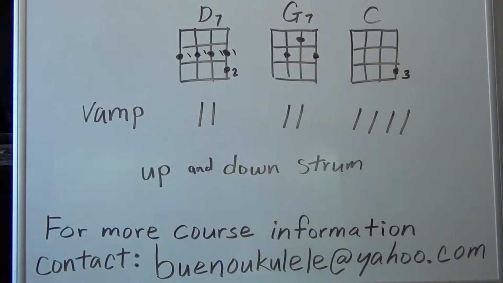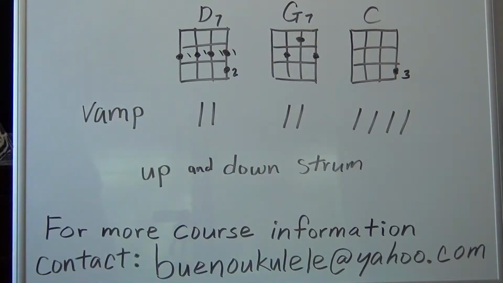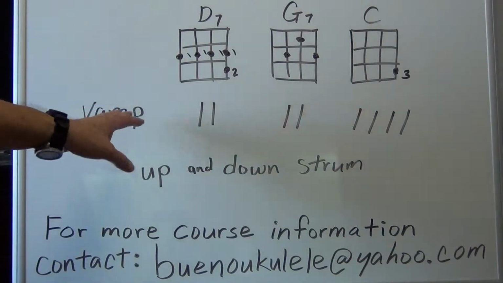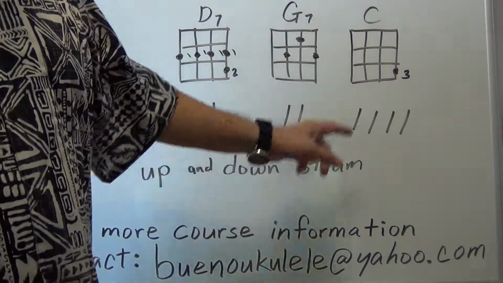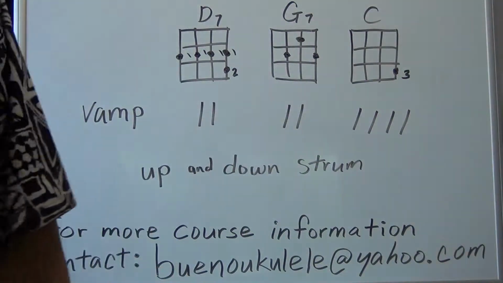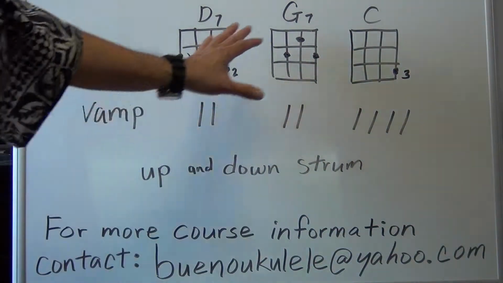Also keep in mind that I talked in a previous tutorial that this vamp is also used in other styles of music: jazz, rock, pop, contemporary. It just depends on the chord progression that you're wanting in the song. Very popular progression in jazz. Now keep in mind, this is the progression for the key of C. In other words, these chords are only used in the key of C. If we were playing in another key, like let's just say the key of G, these chords would change.